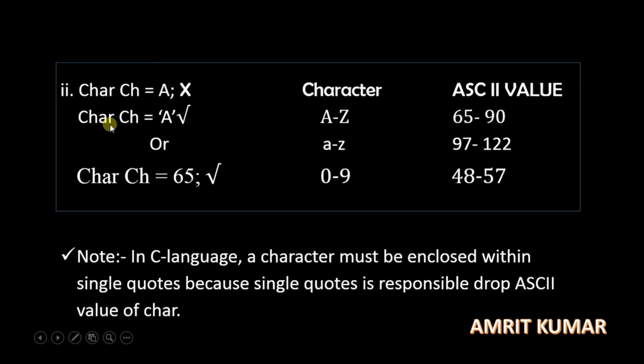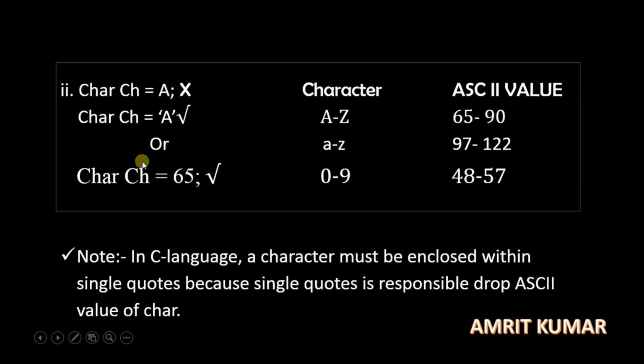So here you are looking at char, the data type, ch, the variable name, equal to a single-quoted character constant. Here I am using capital N. This is right, that is wrong.